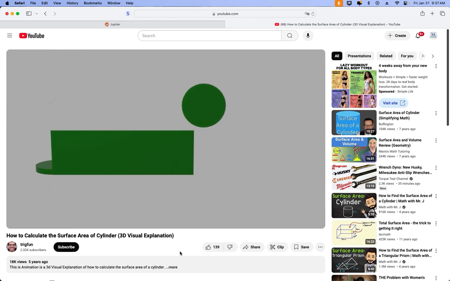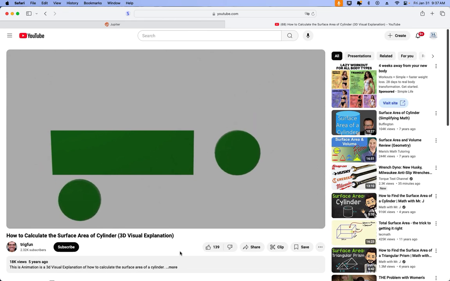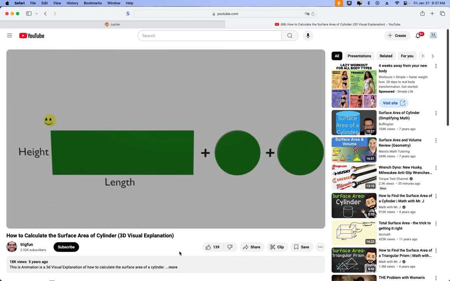And you can see you've got one circle, you've got another circle exactly alike, and then you've got that rectangle when he takes the parts of the cylinder apart. So you've got a height and a length of the rectangle, and then you've got the two circles that are going to make up the top and the bottom. So you find the area of those two circles as well.